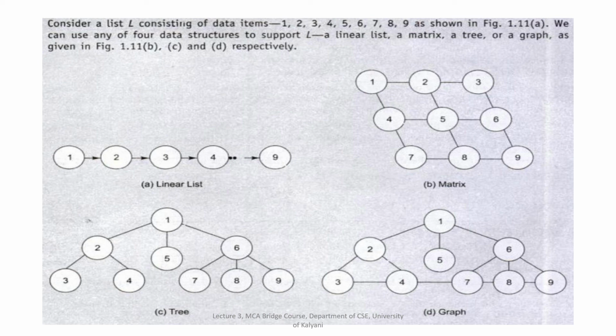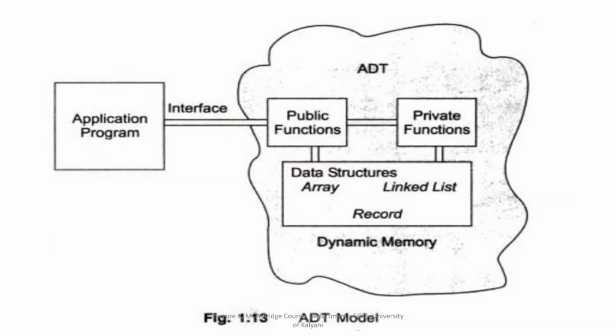Tree is also an abstract data type. Graph is also an abstract data type. It is a diagrammatic representation of everything about abstract data type. So as you can see, there are different parts in abstract data types. The application program or user program can access the important data and data structures through the interface.